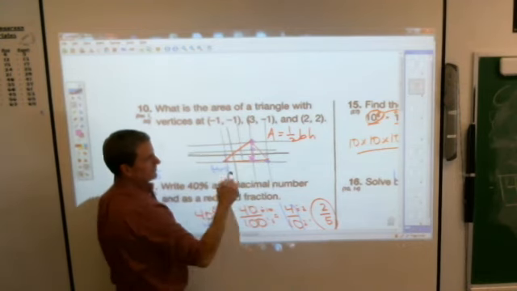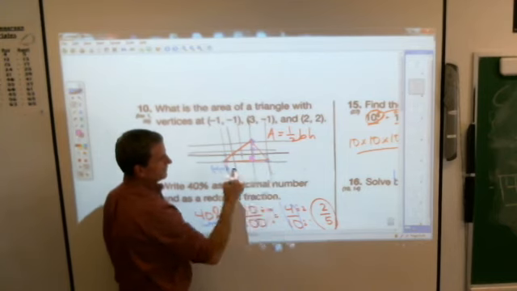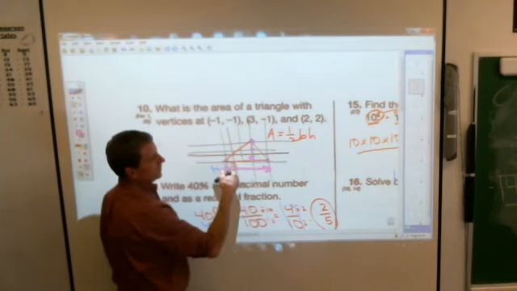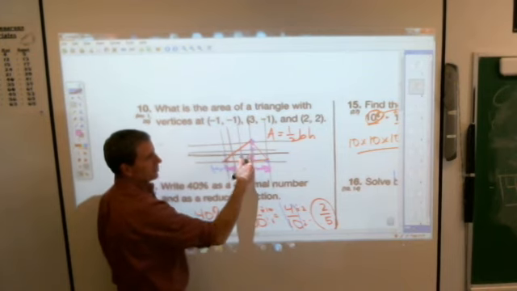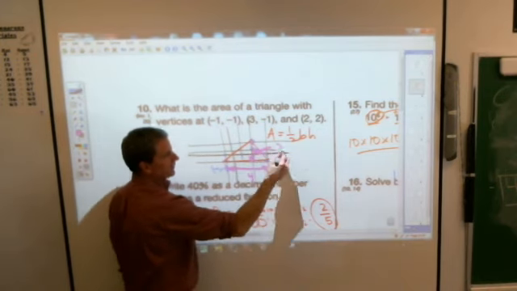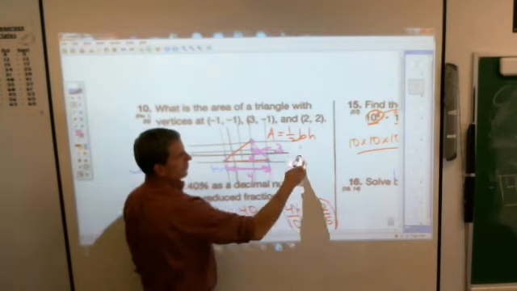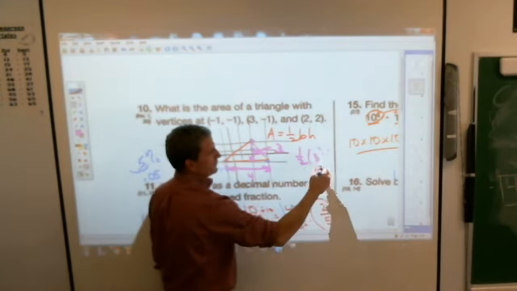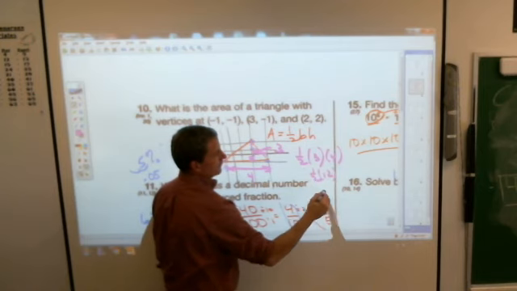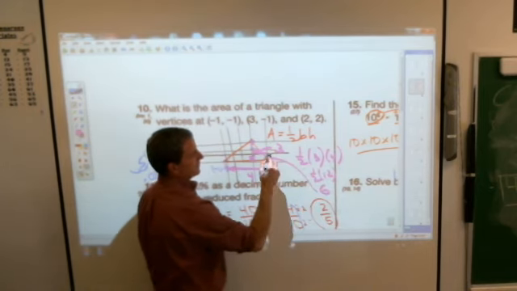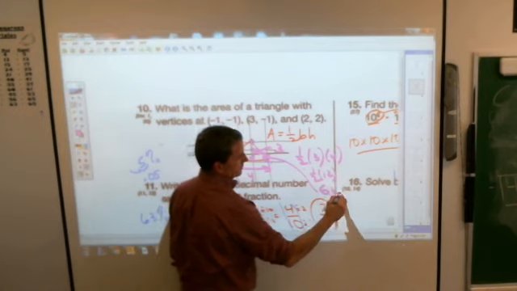So you take the 2 lines that form the right angle, which would be this line. From here to here is 1, 2, 3, 4. The height starts here and goes 1, 2, 3. So it is 1/2 of 3 times 4. 1/2 of 12, which is 6 units squared.